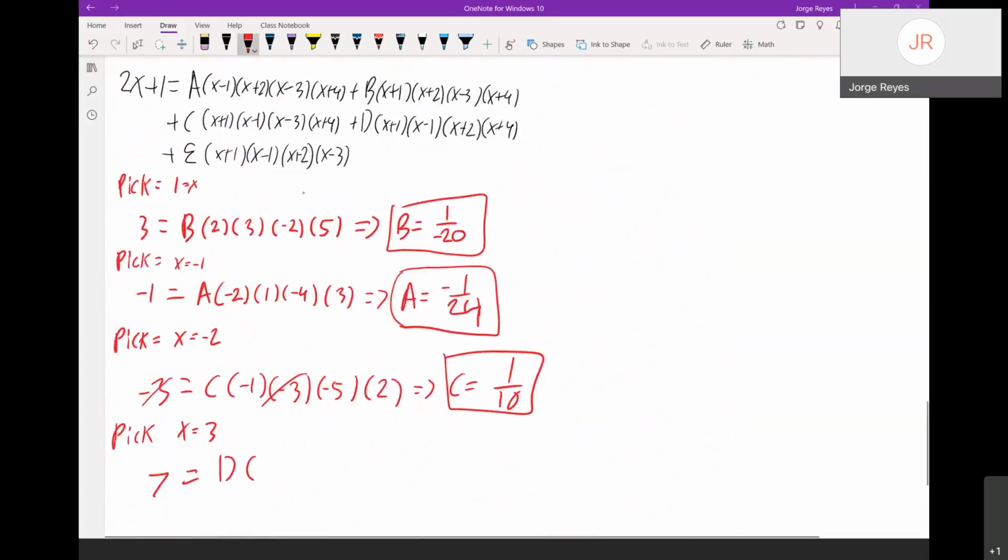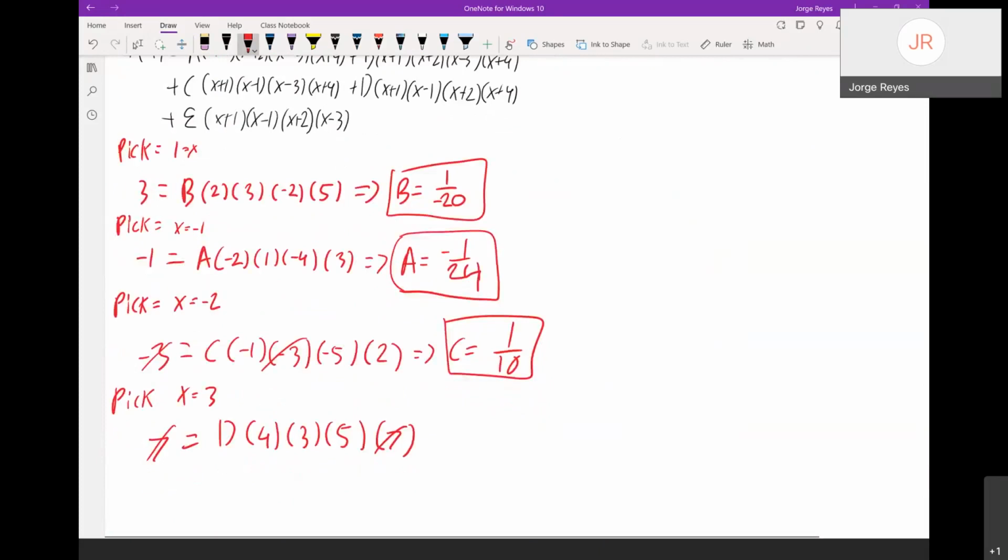So plugging in a 3 is going to get me 4, 3, 5, 7. Thankfully, the 7's cancel. So what's a big number? 2060? Yeah. So D is 1/60.